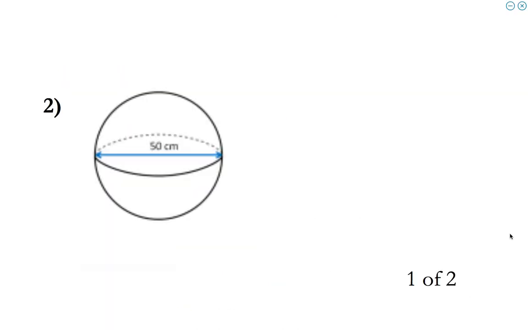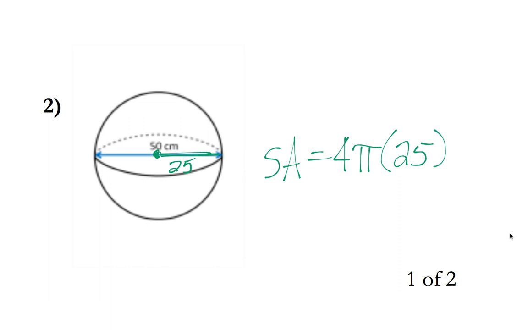Number 2, notice I gave you the diameter here. So we need to cut this in half. And we only want to look at the radius, which is going to be 25. So surface area equals 4 pi radius squared.